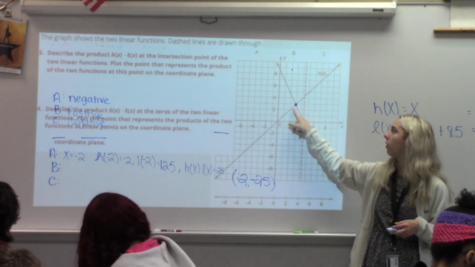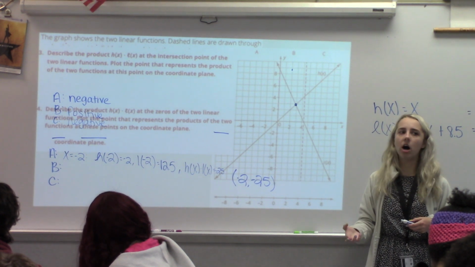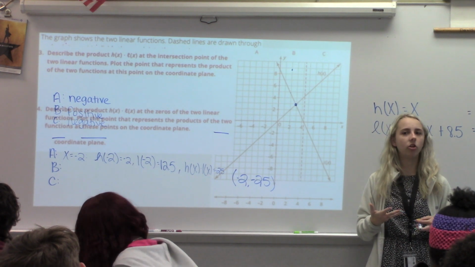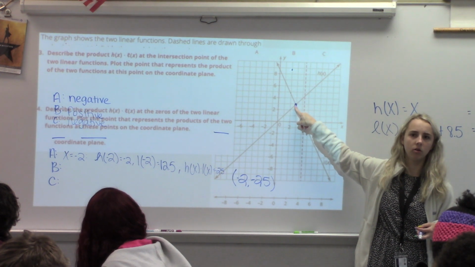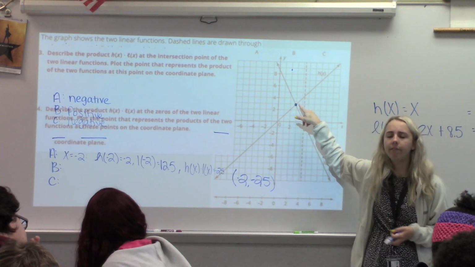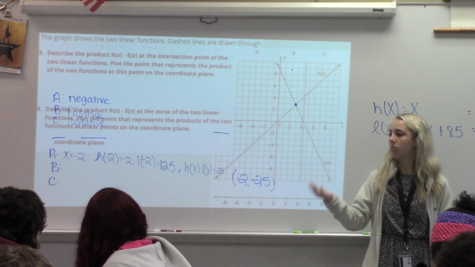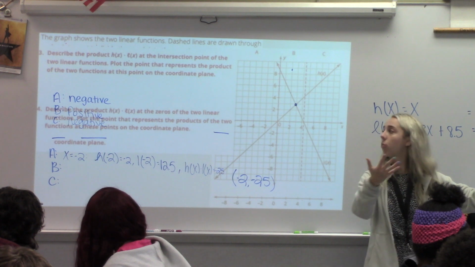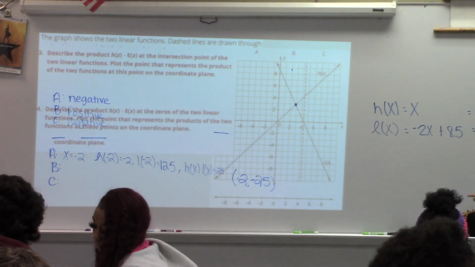What do I know about the values from these two lines? Yeah, they're both positive, but is there anything else similar about them? They intersect. So what does that mean for these x values? They're the same. What about the y values? So what am I going to have to do to get that product? Multiply by itself, which is the same thing as squaring it, okay? So for number 3, I'll write out here because I want to keep number 2 up.